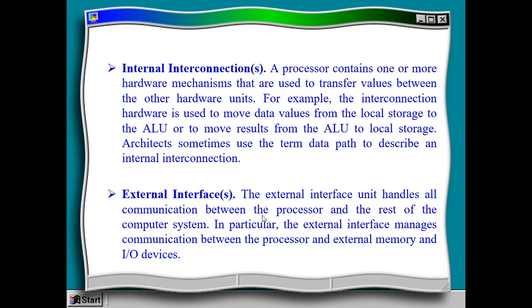A processor must have at least some local storage to hold data values, such as the operands or the operation, for arithmetic operations. And as a result, we will see how storage comes on board when we discuss registers.